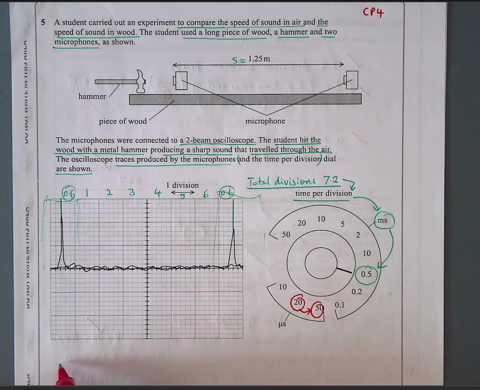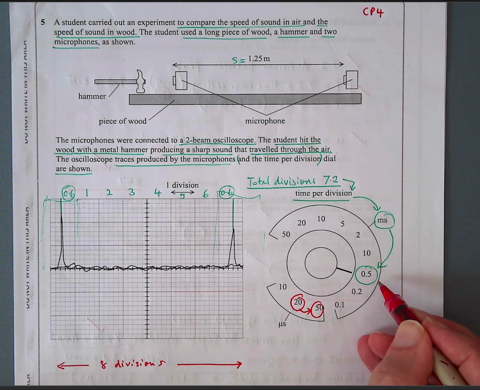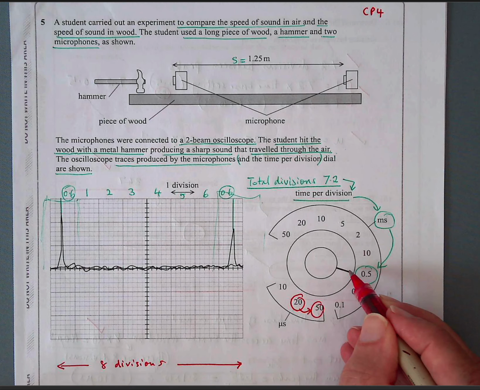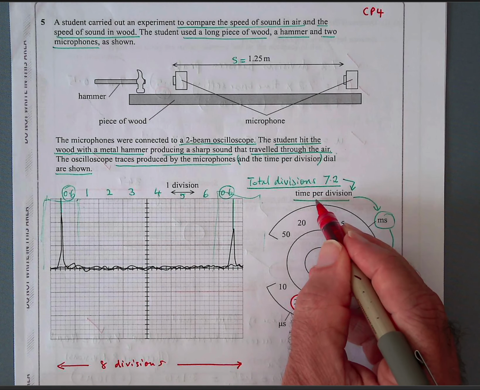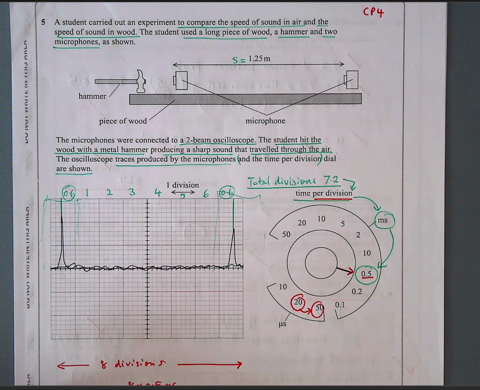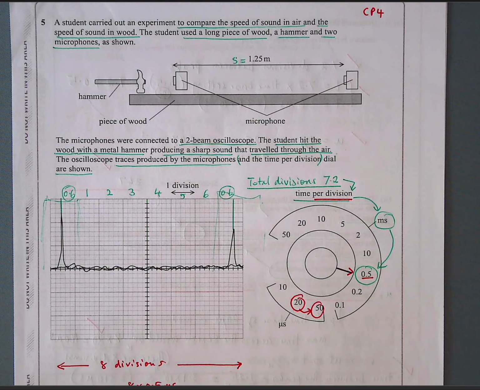So the maximum number of divisions is 8 divisions of time on the x-axis, all set at 0.5. There, the arrow is pointing to 0.5 milliseconds per division. Okay, so the maximum time here would be 8 times 0.5 milliseconds, which would be an answer of 4 total milliseconds. That's just to show you how an oscilloscope works.